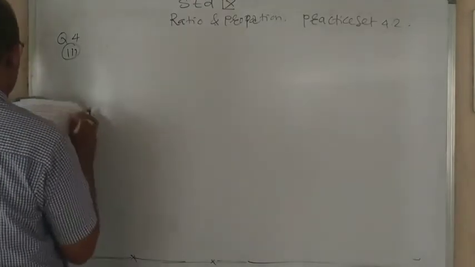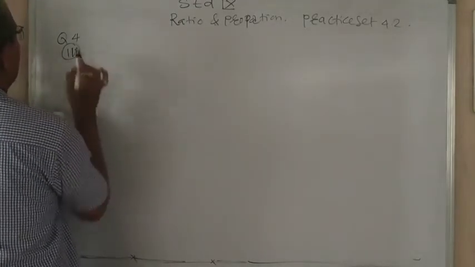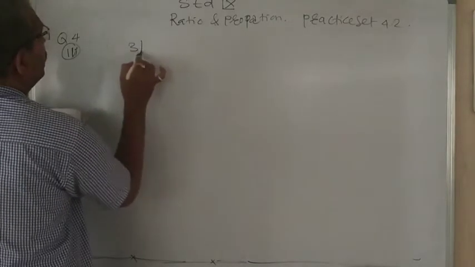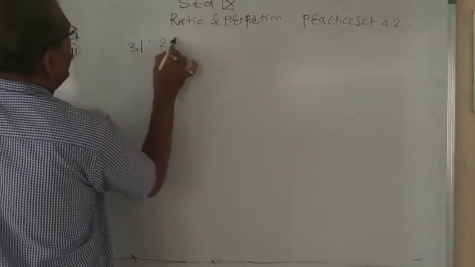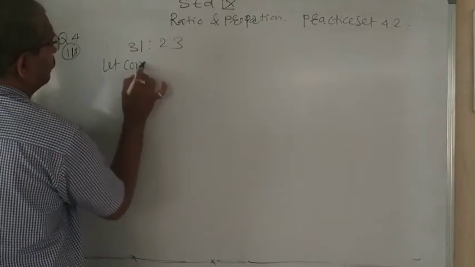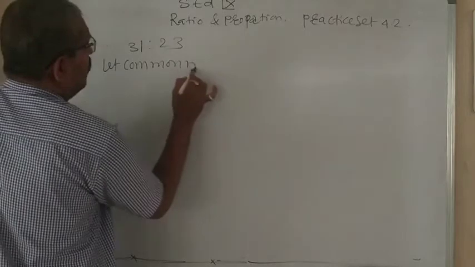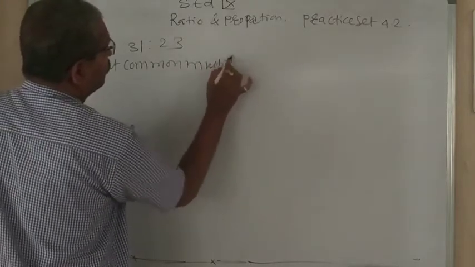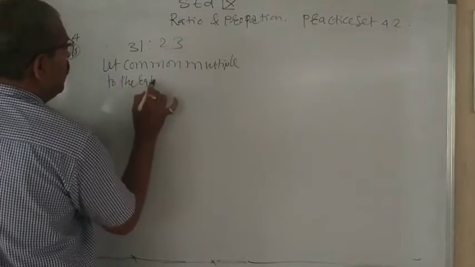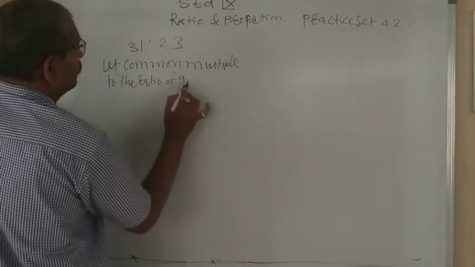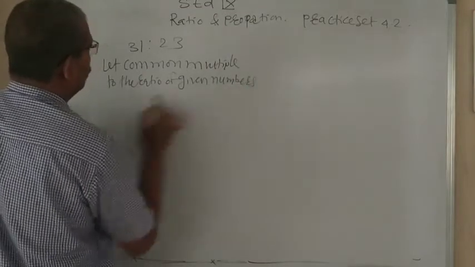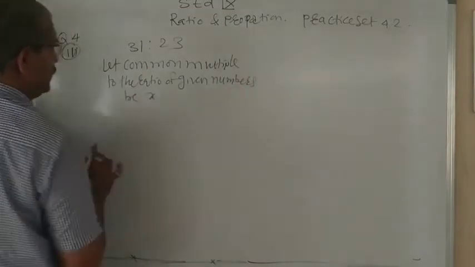Next question, number 4. The ratio of the two numbers is 31:23. Let the common multiple to the ratio of the given numbers be x.